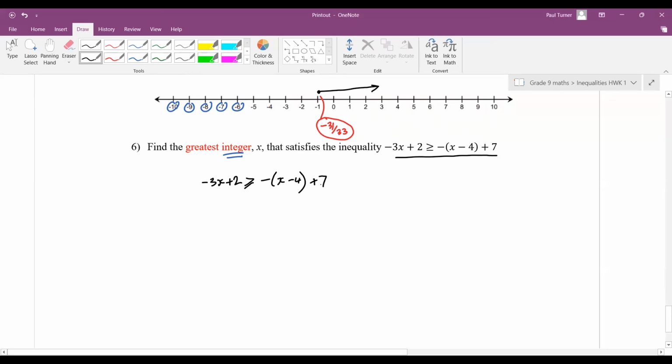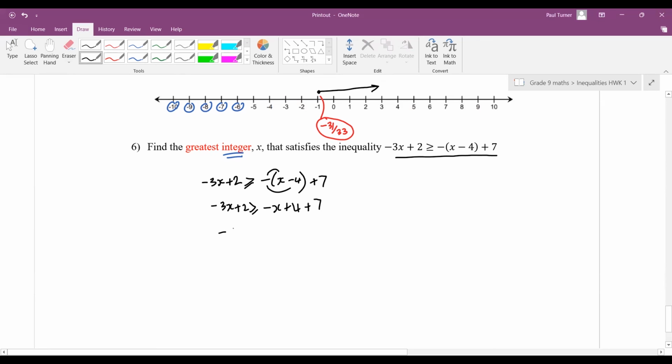So let's see how we can simplify this. We have a bracket, so let's get rid of that. Minus 3x plus 2 can stay for now. Minus sign times x, so that's negative x. Negative negative is going to be plus 4 plus 7.